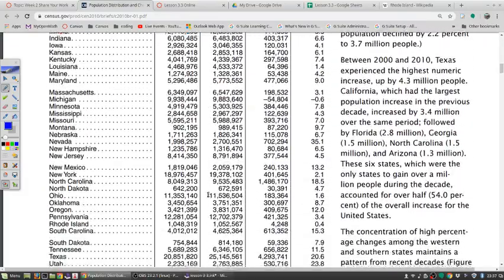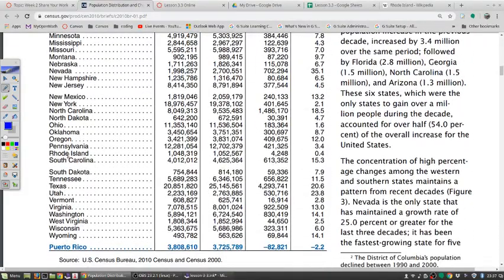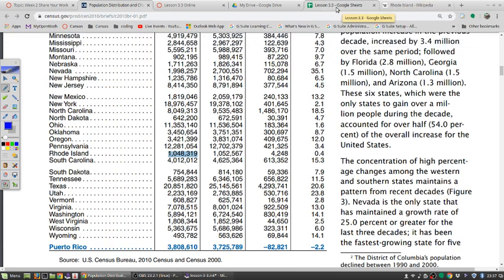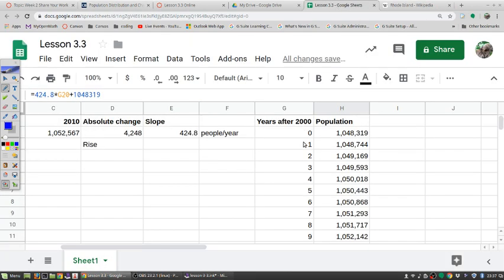So the Census Bureau predicts for Rhode Island, for example, that there's going to be a 0.4% change. So they got that by taking the absolute change, the 4,000 people, and dividing by the 2,000 population. And that comes out to be about 0.4%. And we'll take a look at that percent change idea in a later module.